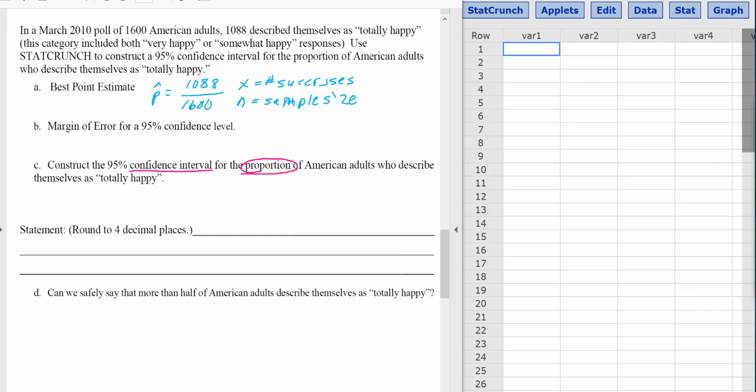On StatCrunch, we're going to have to do the following. You might want to write these directions down. We're going to go to Stat, and then we're going to go to Proportion Stat. One sample.